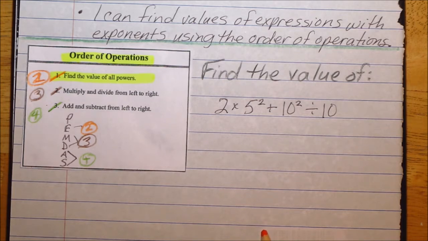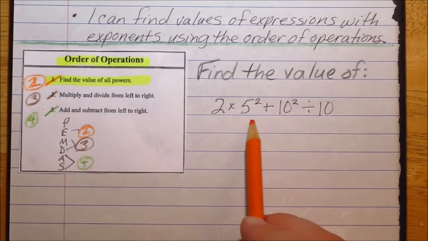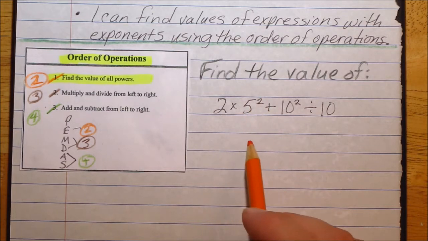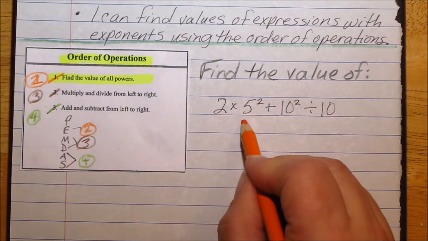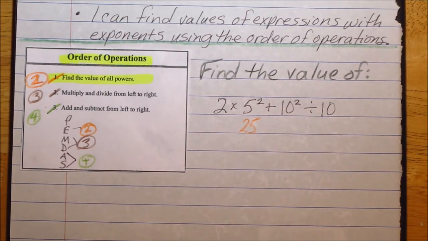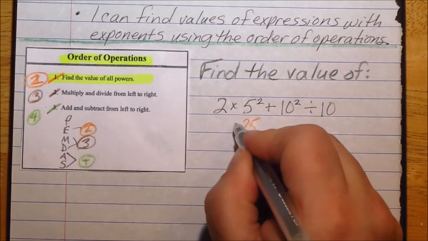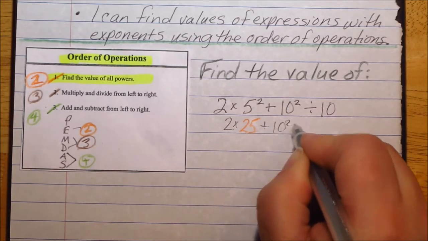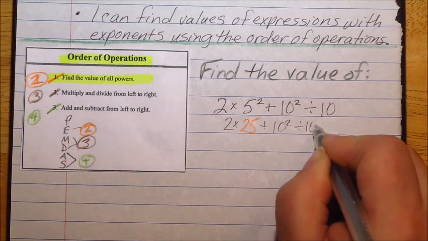Now, same as before, you need to do one operation at a time from left to right. So what I see here is my first exponent is 5 squared. That means 5 times 5, and that is 25. So I will write 25 below there, and then bring down the rest of the expression. One operation at a time. All right.